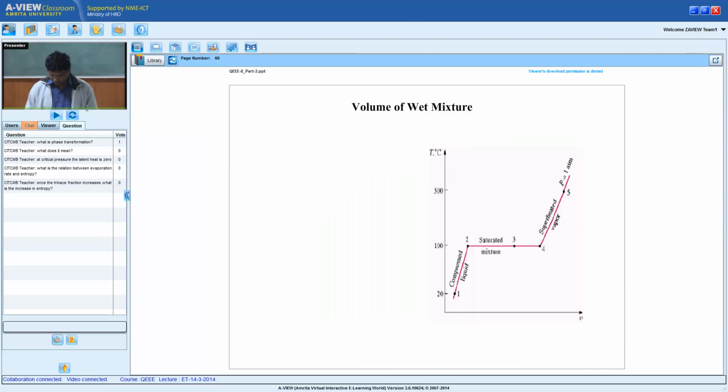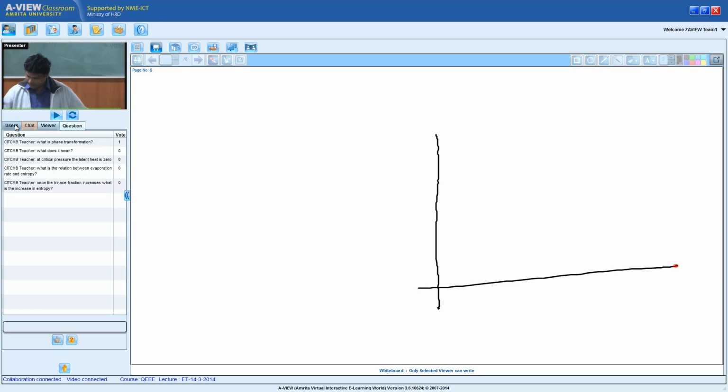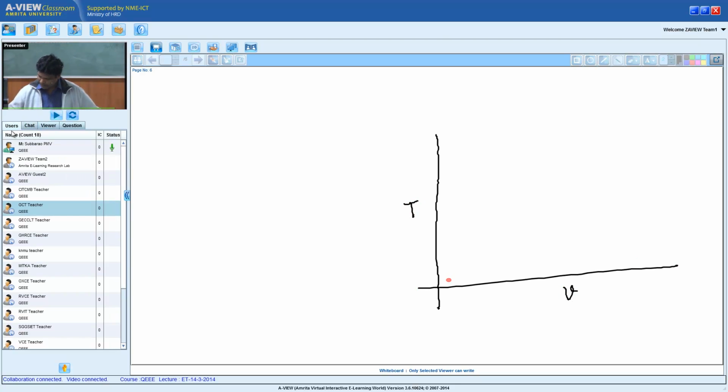Can you give me the whiteboard? Okay. Suppose let us take this same temperature versus volume diagram. At a constant pressure, if I take a liquid first, slowly the temperature increases and volume changes are negligible. Then suddenly the temperature doesn't change, but volume changes a lot.